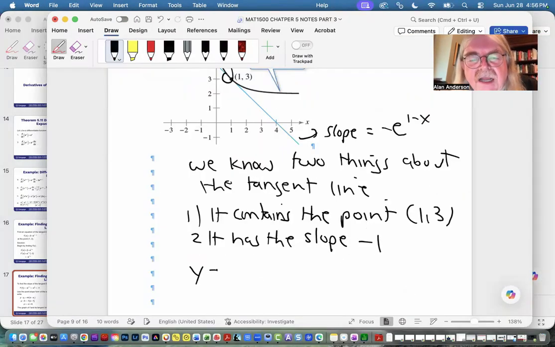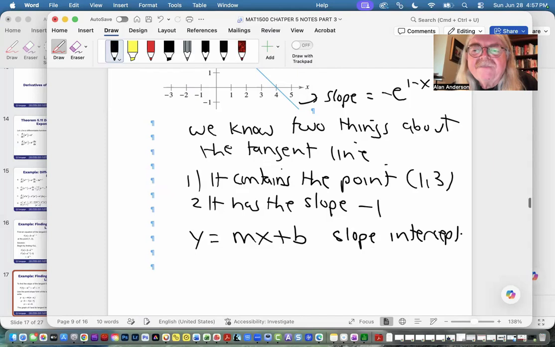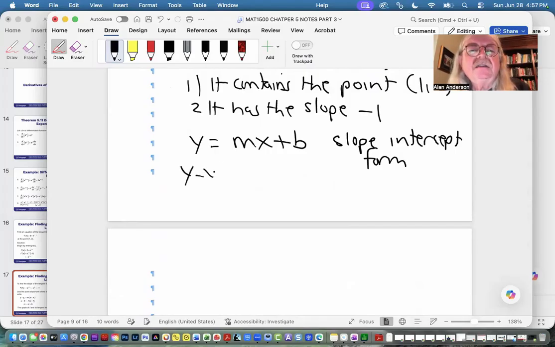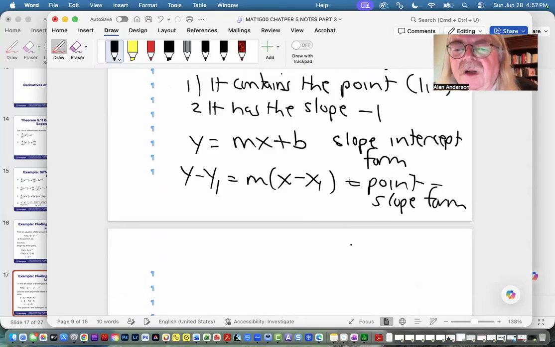So we're going to use not the traditional y equals mx plus b format, meaning the slope-intercept form, but the one you don't see as often, which we call the point-slope form, and it contains the point x1, y1.